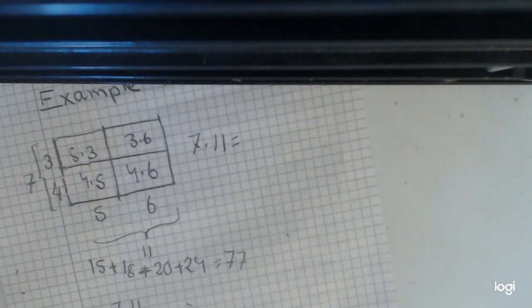This rectangle here is not proportional when you draw it. You have minus 3 here, for instance.